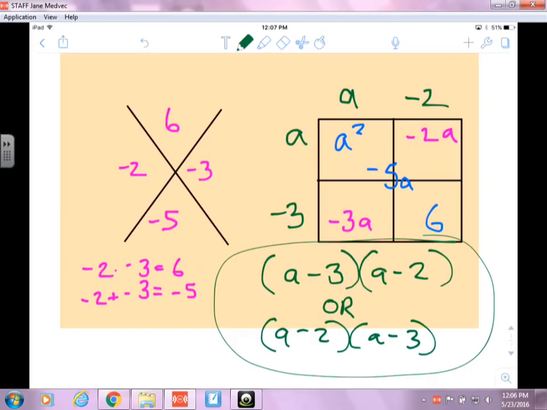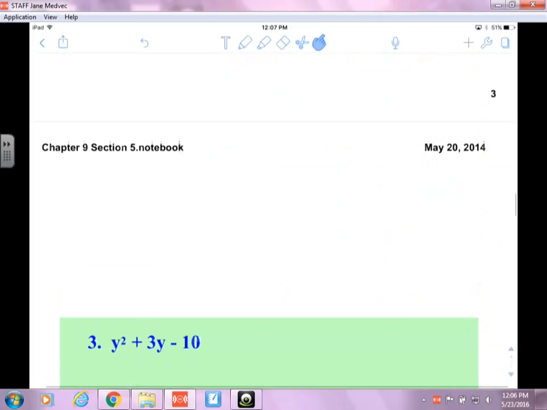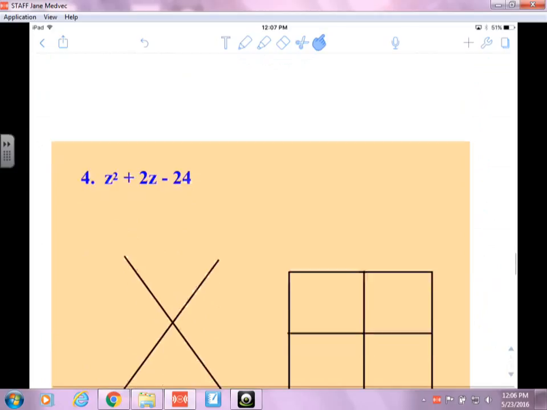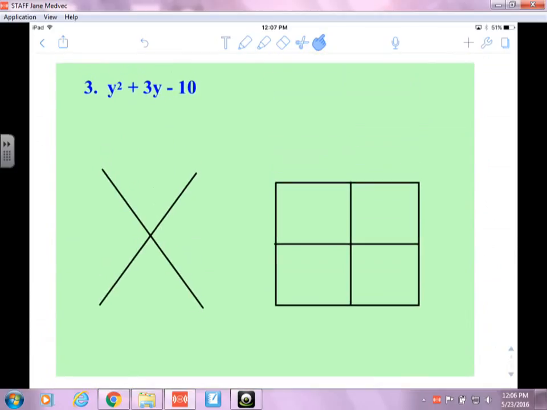That's that. It does get more difficult. It does get more involved. That's what we're doing so far. Okay, we got a couple more to do. Let's do this one. I'm going to write my answer in my boxes.